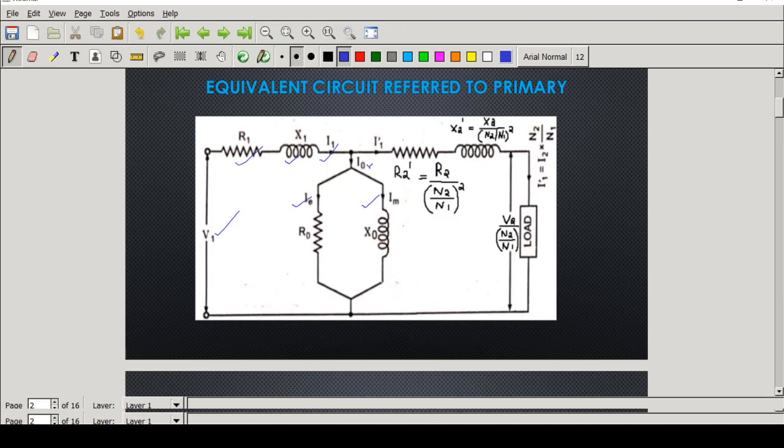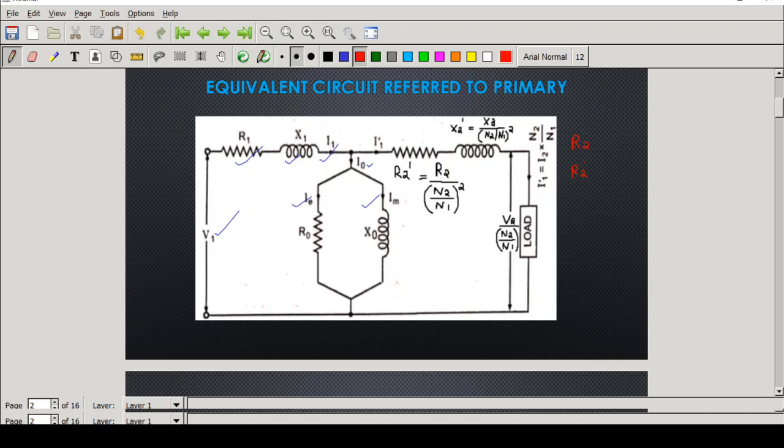Next, how can we transfer the parameters in the secondary winding to the primary winding? Let's take the case of the resistance R2, the resistance in the secondary winding. Now we want to transfer this to the primary. When referred to the primary, you call it R2 dash.